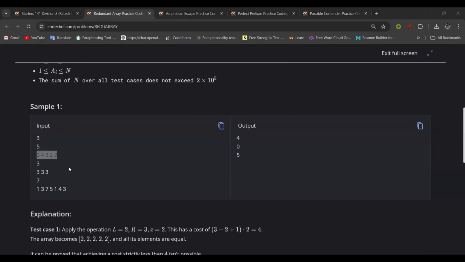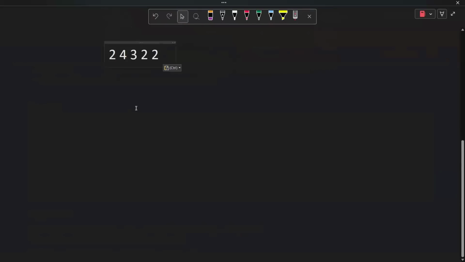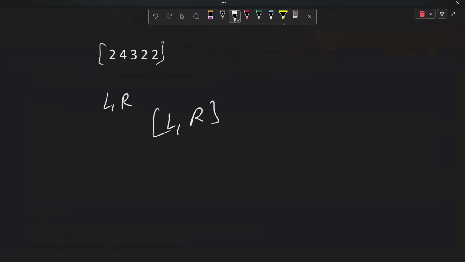So now what can we do here? Let's take the first test case. We are just given an array A, and we are asked to find the minimum cost to make all the elements of this array equal. In the operation, we have to choose L and R, and then for the range from L to R, assign A_i equal to x.